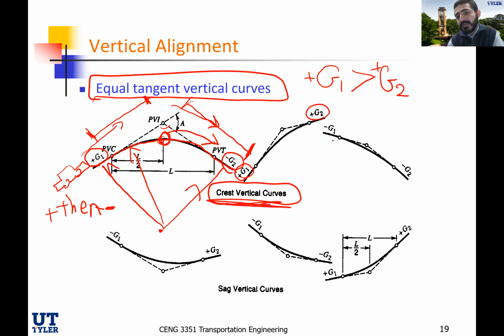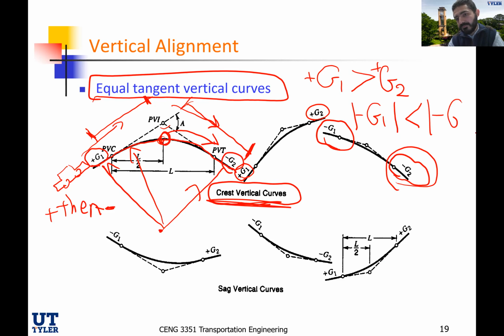Or I can be driving on a negative G1 and then a negative G2, but the negative G2 is steeper than negative G1. So a negative G1, and let's put it here in absolute value, is less than the negative G2.